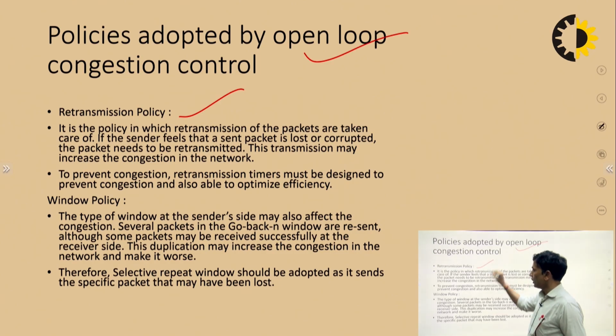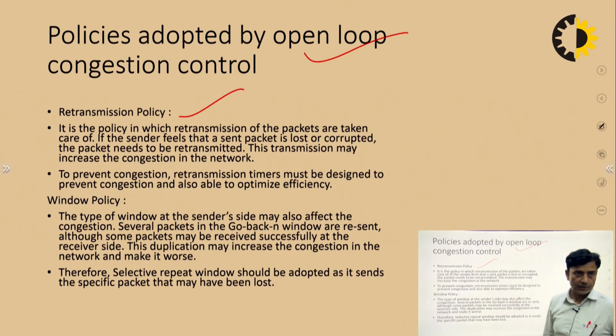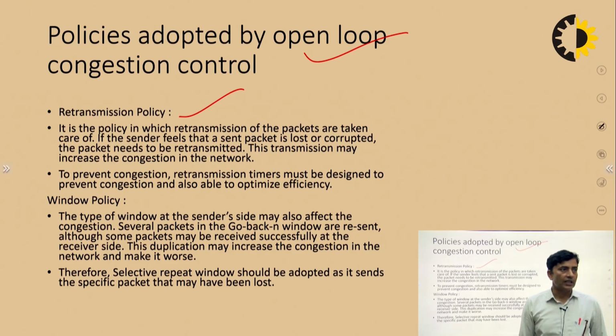So let me come to the first one, the policies regarding open loop. The first policy is the retransmission policy. Whenever there is congestion, this is the policy in which retransmission of packets is taken care of. If the sender feels that the sent packet is lost or corrupted, the packet needs to be retransmitted. This retransmission may increase the congestion in the network.